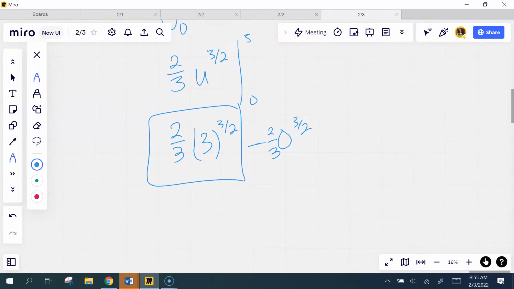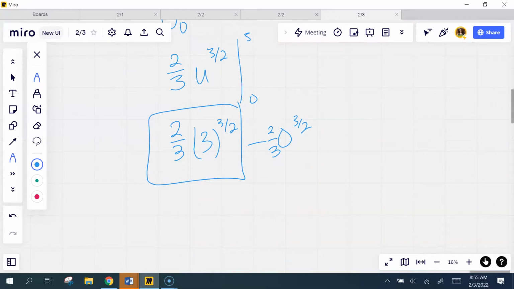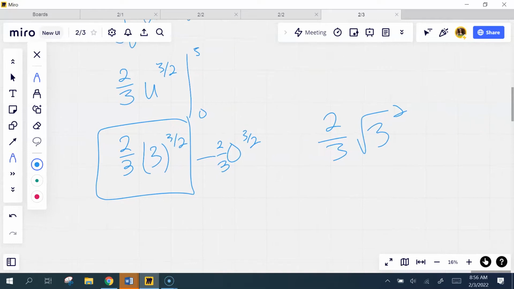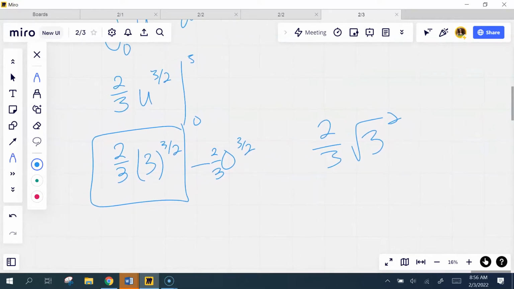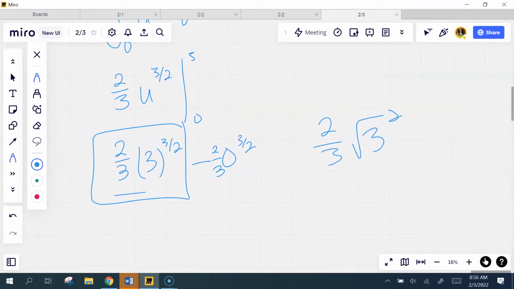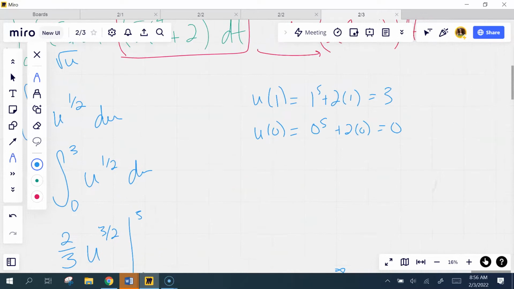Do you know the square root of 3? 2/3 square root of 3 squared. It's already simplified. That's why I said stop. Definitely stop. At the end of the day, if you're in multiple choice, that's the way they're going to have the answer. It's going to be either like this or like this.